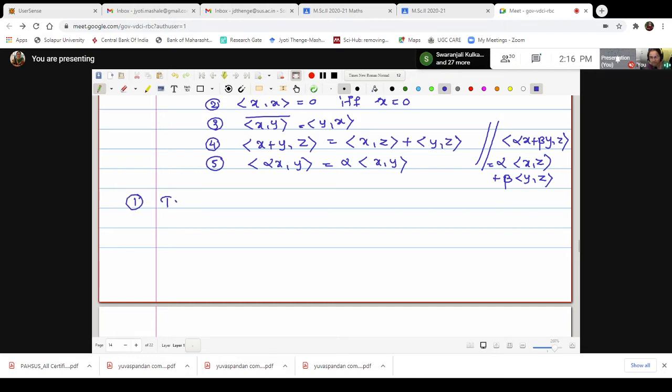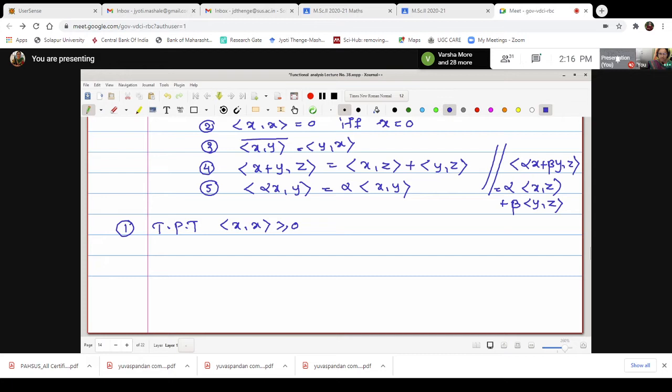First we will prove the first condition, inner product of x with x is greater than or equal to 0. Inner product xx is, I will just check, is the recording on? Yeah. Now what do we have to find?